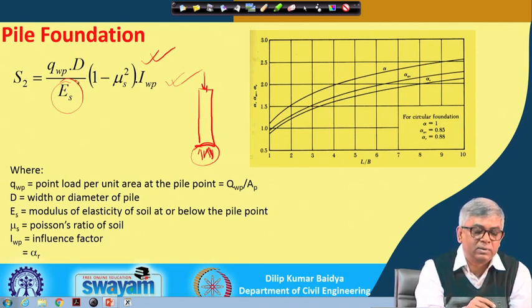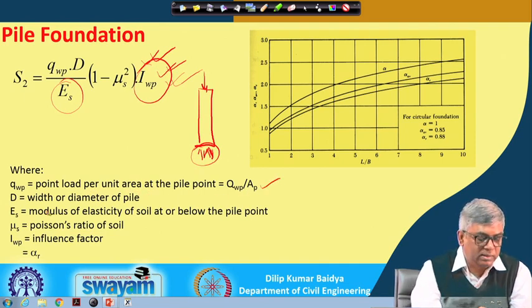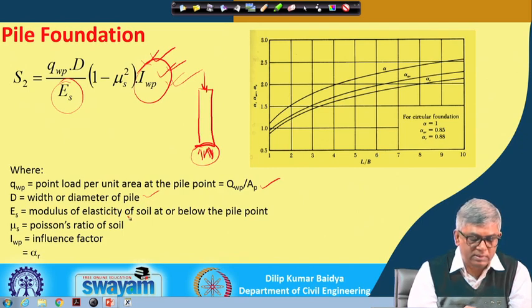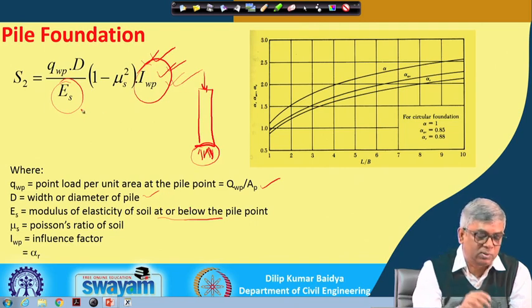So a similar formula, Qwp D by Es (1 minus mu squared) Iwp, this is the influence factor, and you can see here Qwp is the point load per unit area, D is the width or diameter of the pile, and Es is the modulus of elasticity of soil. The previous formula took the modulus of elasticity of the pile material, here it is soil.